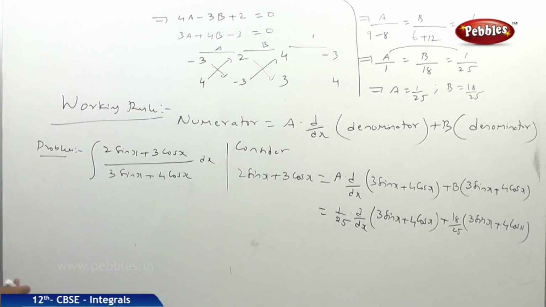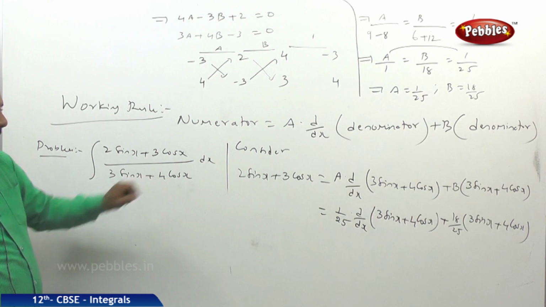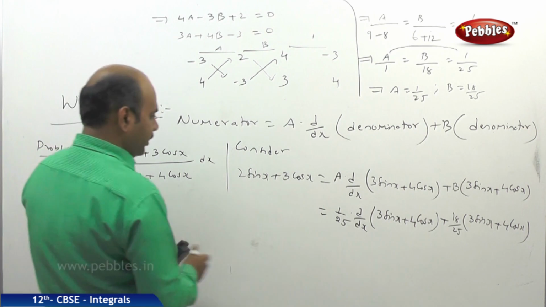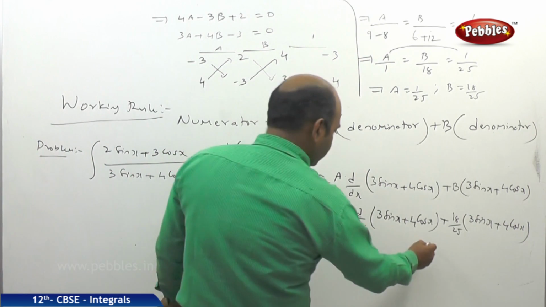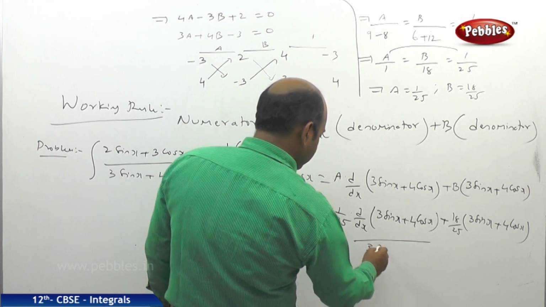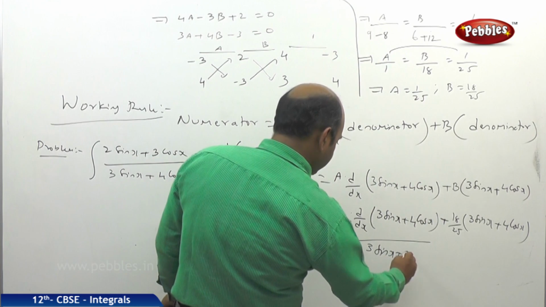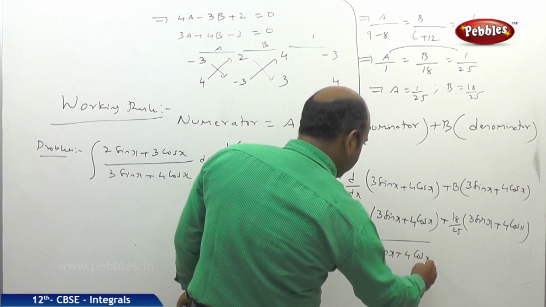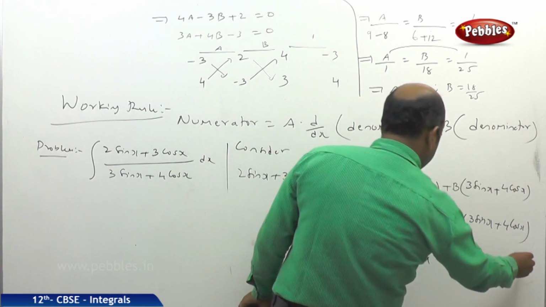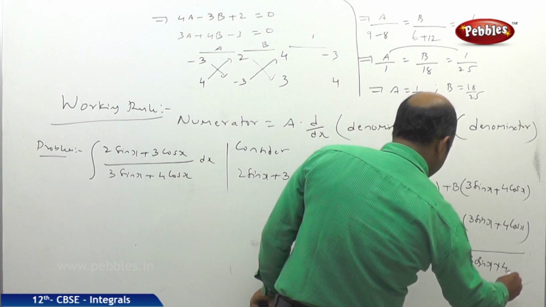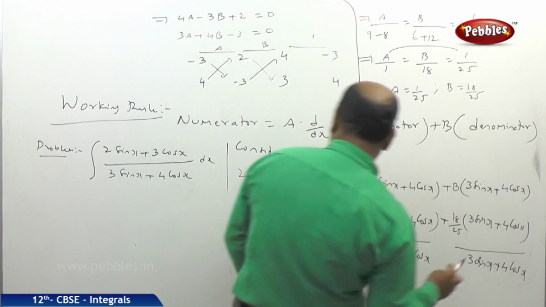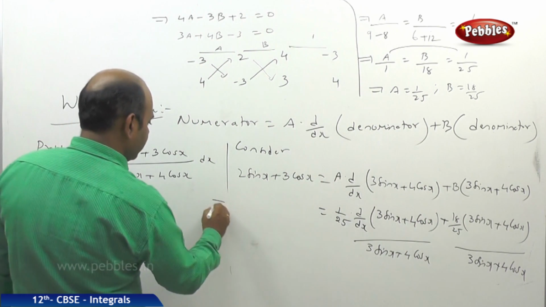But I need to find the integral of this particular thing. So what I will be doing? I need to divide it by 3 sin x plus 4 cos x, and here also 3 sin x plus 4 cos x. This whole thing is nothing but what?